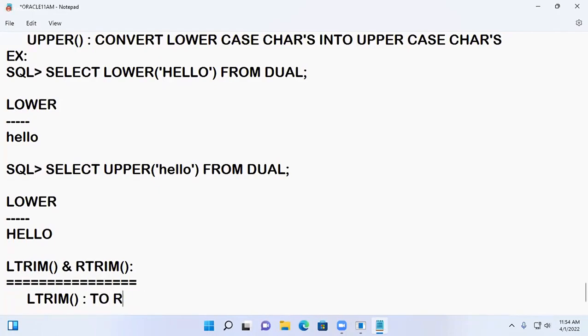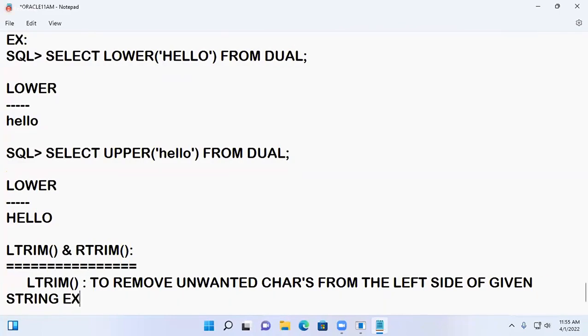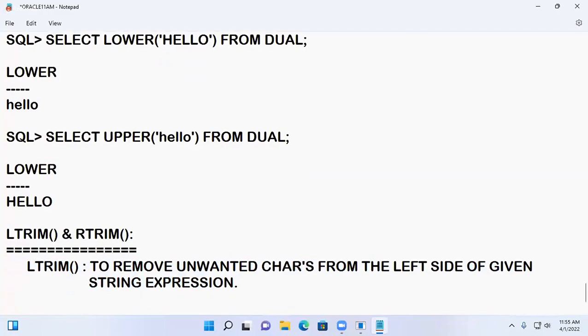So to remove unwanted characters from the left side of the given string expression. Whatever unnecessary characters are there on the left side, I can remove those here. That is the ltrim function.